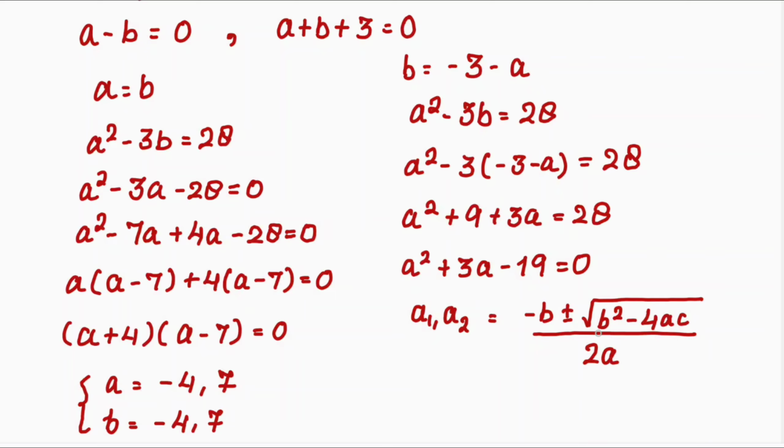Don't confuse this a with this. So here b is 3, a is 1 and c is minus 19.